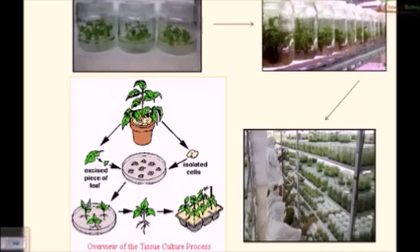Then we take this plant and put it into the soil, which at the very first level will be sterile soil, because the plant is not habituated to any kind of bacterial infection.